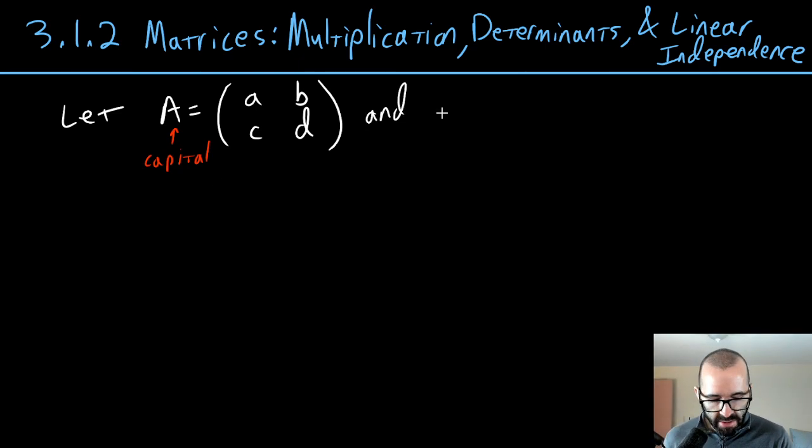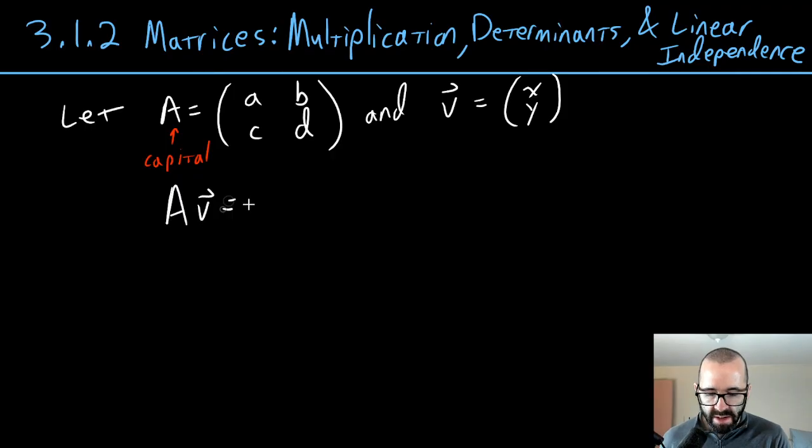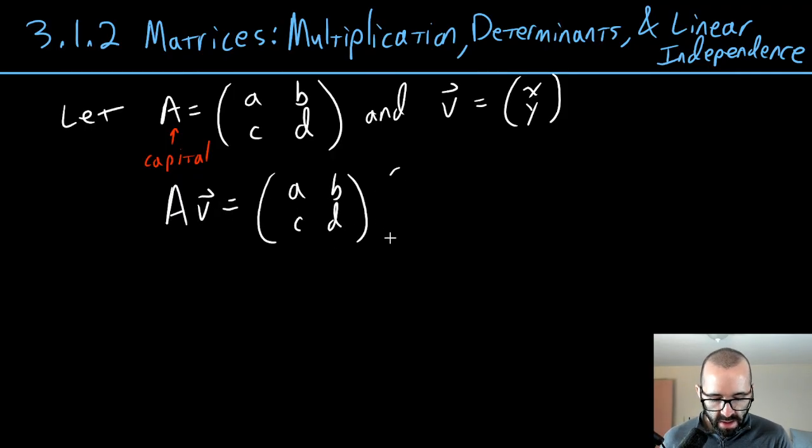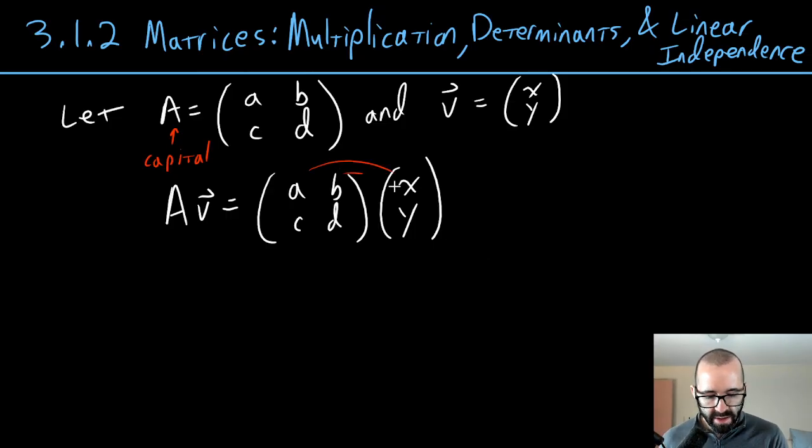And let's say we have a vector. Again, we're using that vector notation. Maybe that's a vector of x and y. Then essentially, how do we multiply a matrix and a vector, which is a, b, c, d, times the vector x, y?